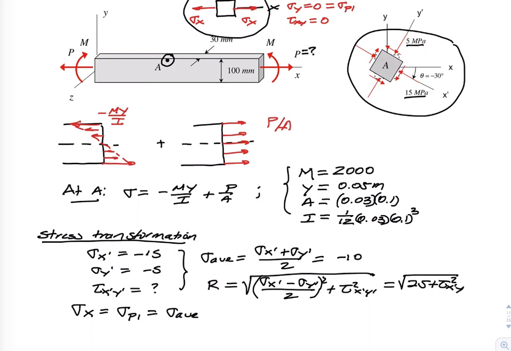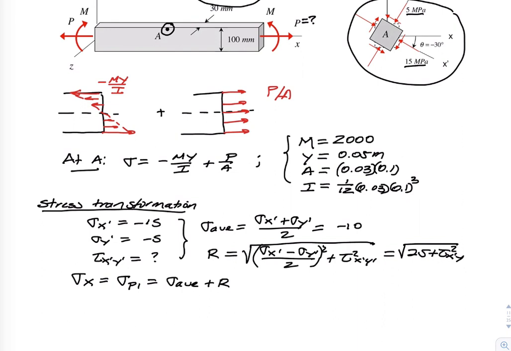Our equations from before are sigma average plus R, and sigma y, which is sigma P2, is sigma average minus R. So sigma x, from what we've seen before, is equal to P over A minus My over I, and sigma y is equal to 0.